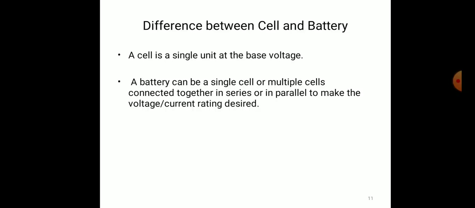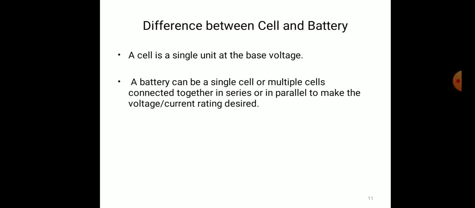That is our definition. A cell is a single unit at the base voltage. A cell is a chemical unit, one unit at the base voltage. It will provide some basic voltage.